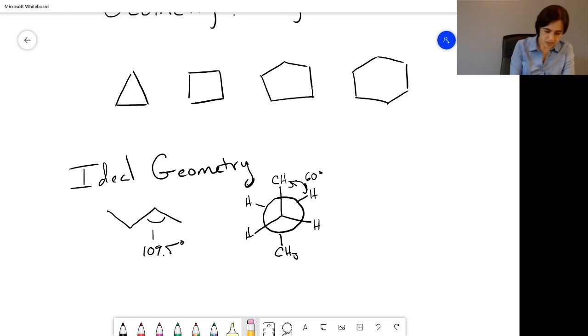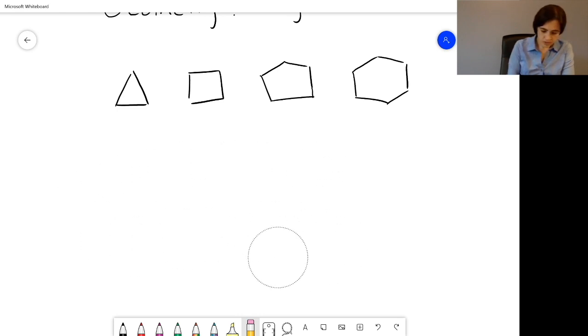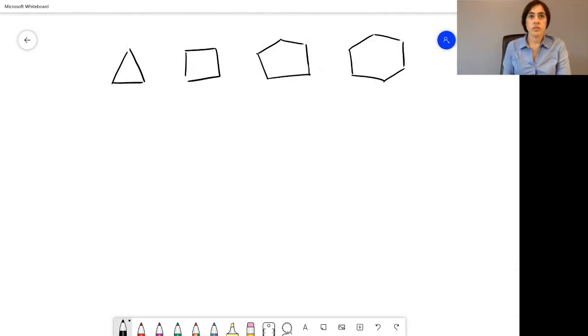Let's take a look at what we see in our cycloalkanes. So another thing to note in this convention is that our cycloalkanes are drawn as planar structures in our line drawings.